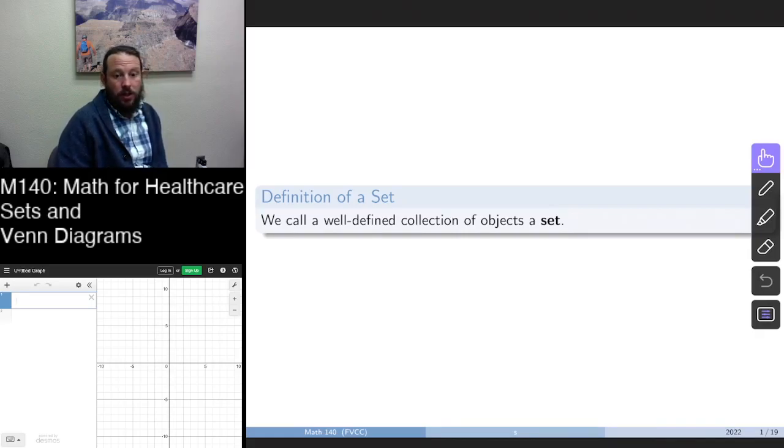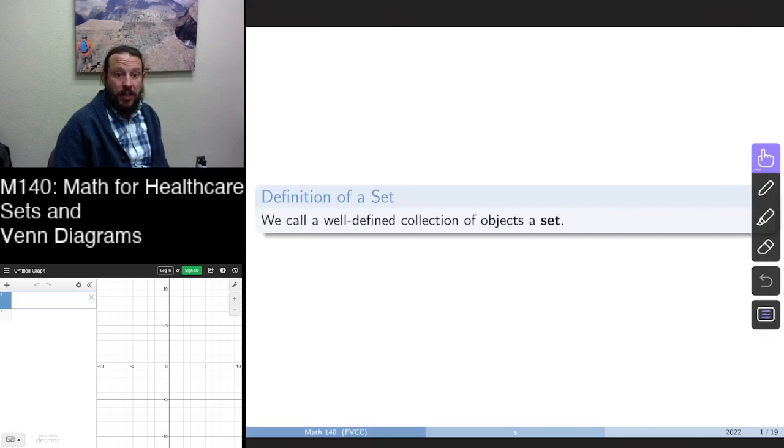Well, you can't talk about the set of days last year where it was a pleasant temperature. We don't know what that means. Is 75 pleasant? Is 85 pleasant? Is 65 pleasant?